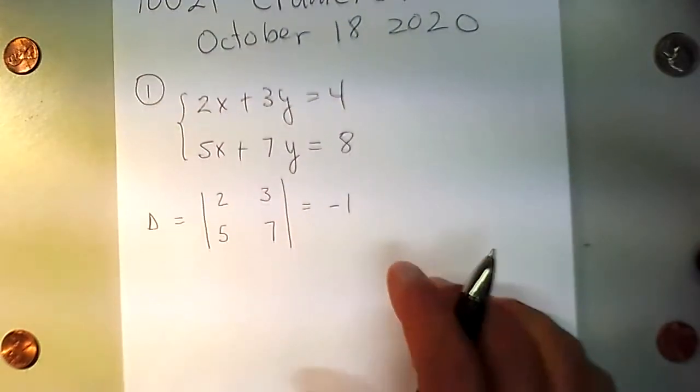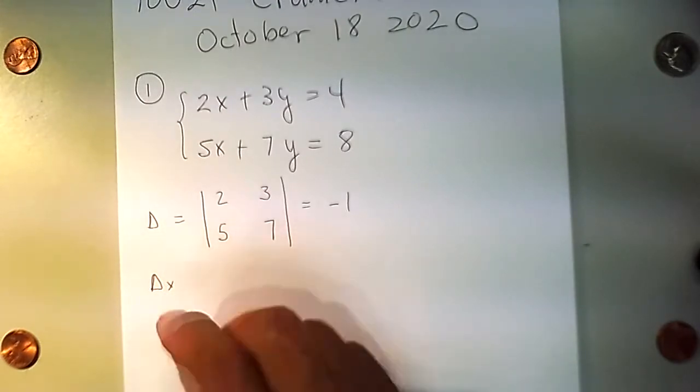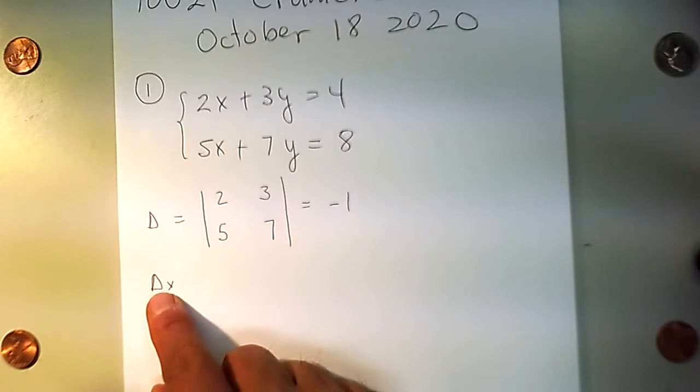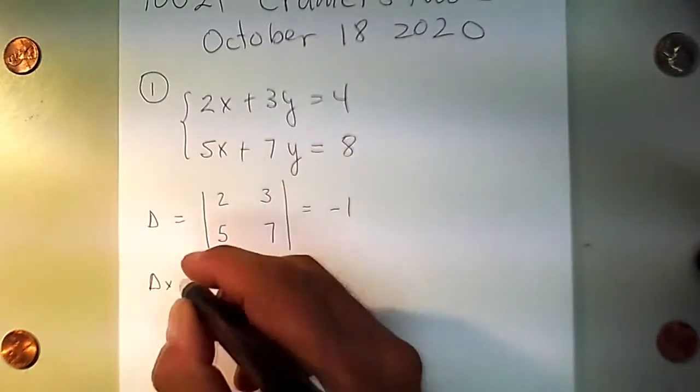Okay. And then we find the determinant on x. That can mean different things in calculus. So right now it means just the determinant. And I'm using delta because delta, D, determinant.